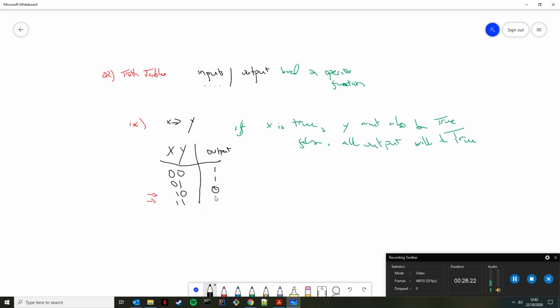That is the case, so 1. This is what X implies Y, that arrow, means. This is our output, 1, 1, 0. So just remember, if X is true, Y must also be true, you get a positive output. If X is false, all outputs will be true because you can prove anything from a false hypothesis.